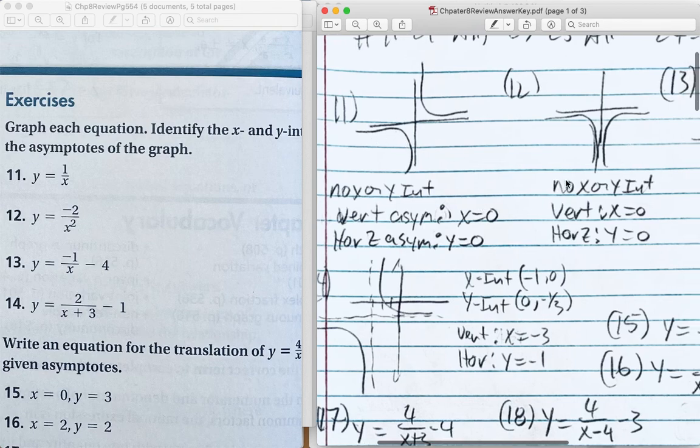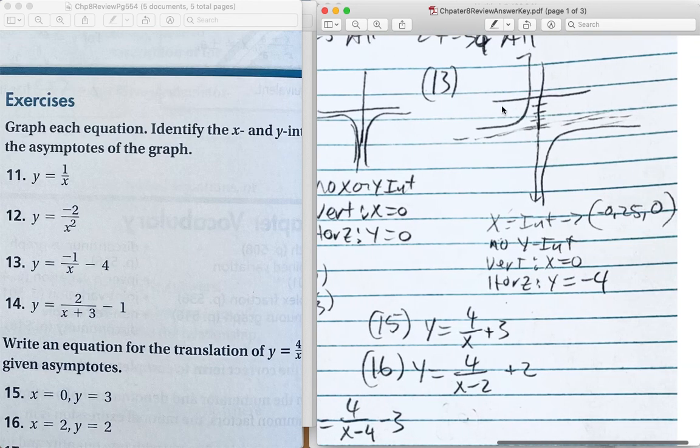That gets flipped, and it's now occupying quadrants 2 and 4. We have a vertical asymptote at 0, and we have a horizontal asymptote at negative 4, and it crosses the x-intercept at negative 0.25.